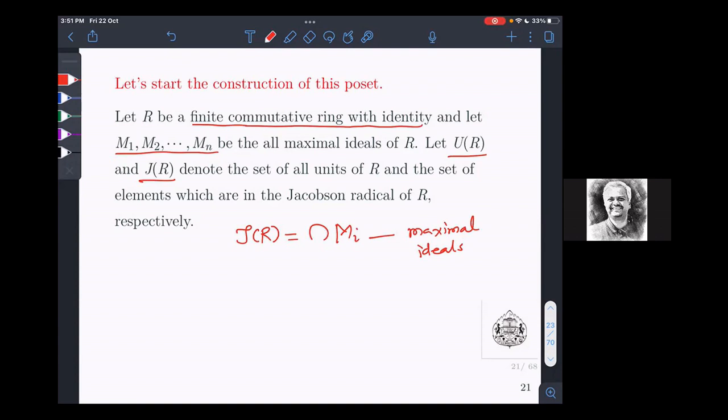Now, what is the main target? The main target is to construct a poset from the ring.